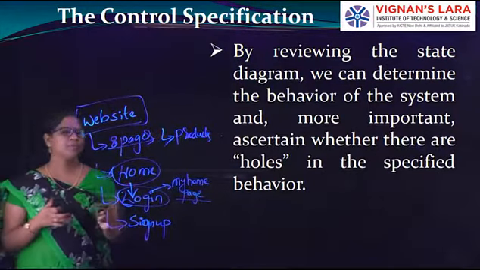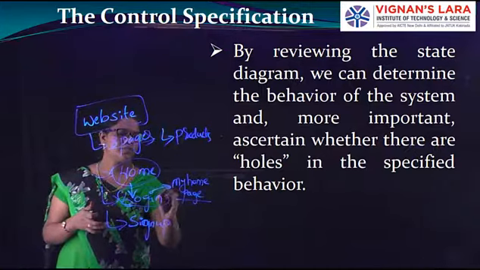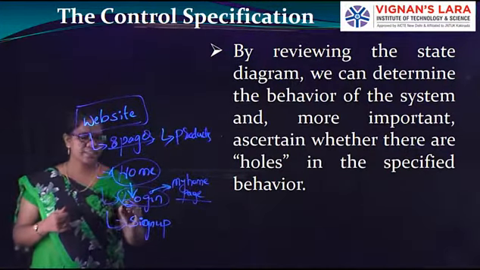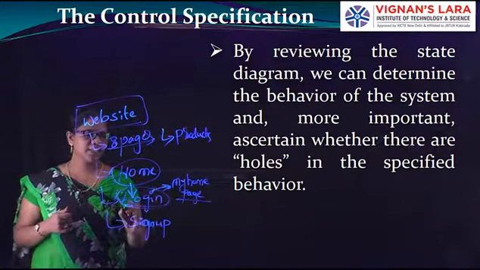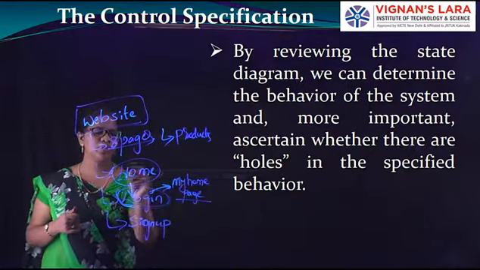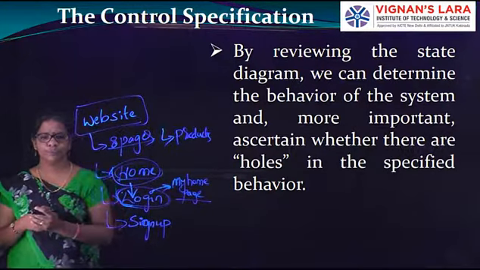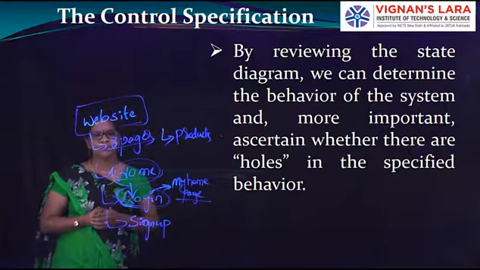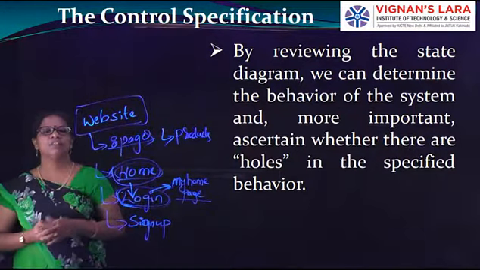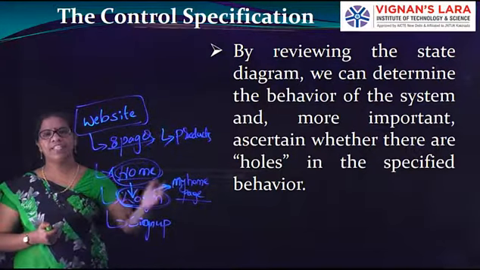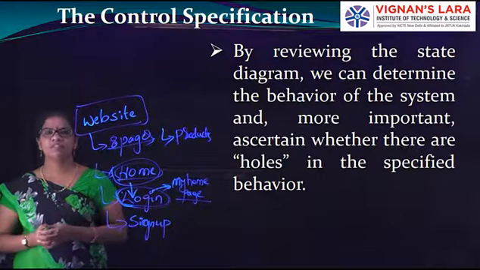When the user has given the login credentials, if it does not lead to my home page and goes only to the home page, then it is called a hole. So there is some error when an event has occurred. Even though the event has occurred, it leads to some other wrong page, leading the wrong way. That is called a hole.